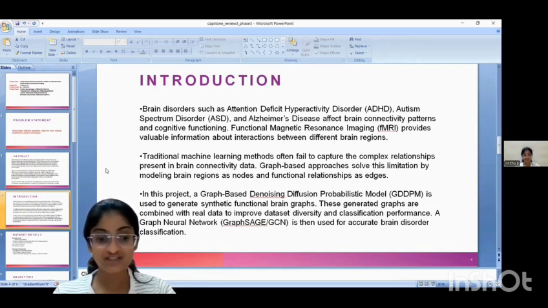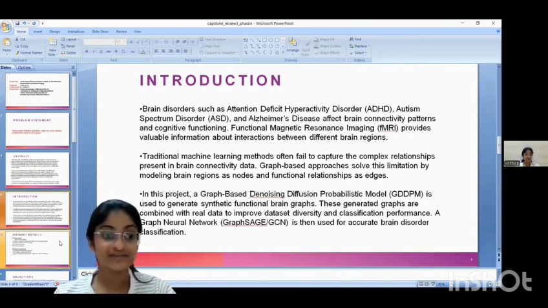So, graph based learning is used because graphs naturally represent the connectivity between the brain regions. In our project, we combine graph neural networks with diffusion models to generate realistic synthetic brain connectivity graphs and improve the disorder classification performance.